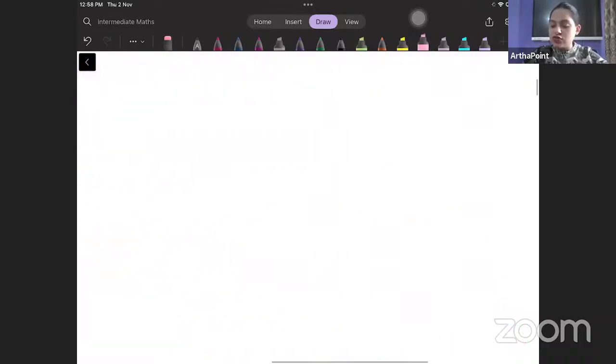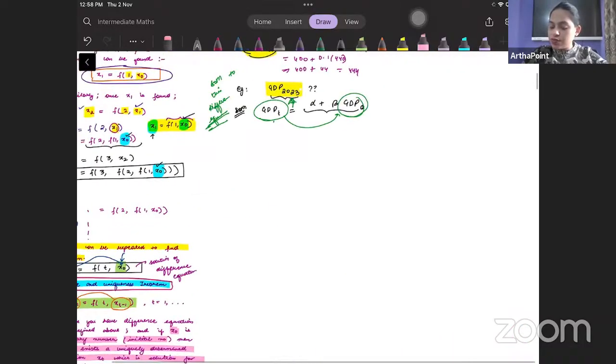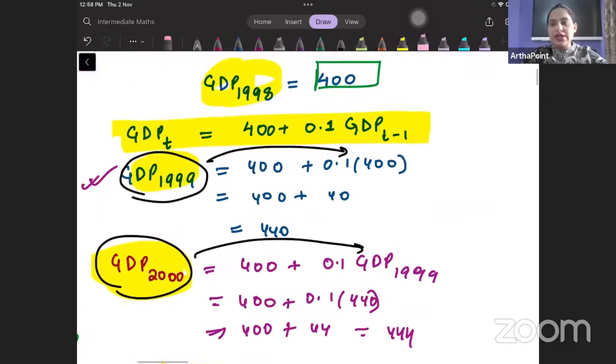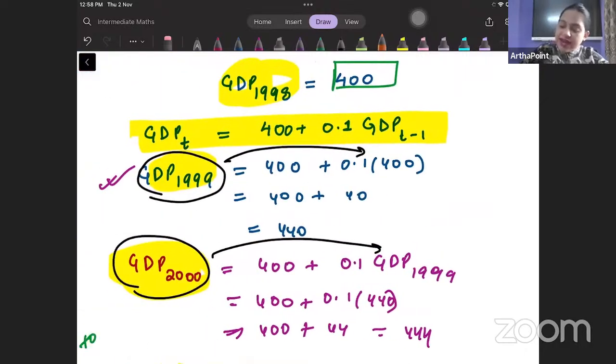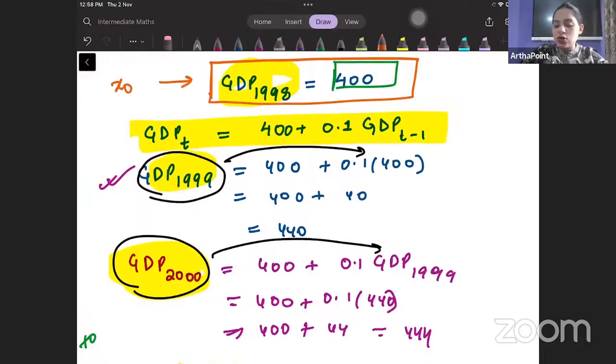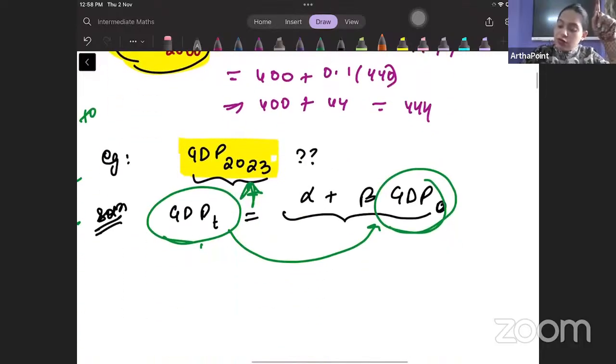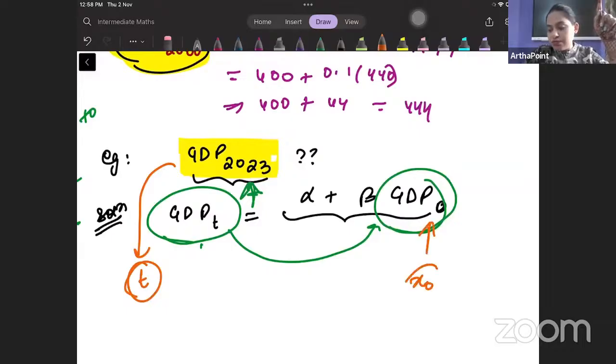I told you in terms of the GDP of the economy. This is what I said, that if I have this base given to me, this is x naught, the initial period's value, then I should be able to find it for period t also based on this base number. That is what I want.